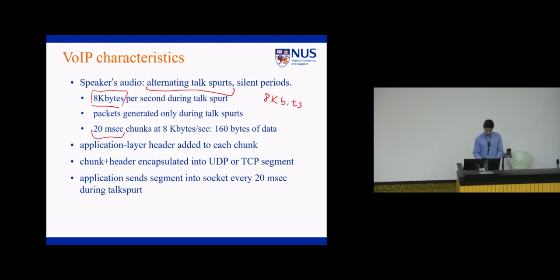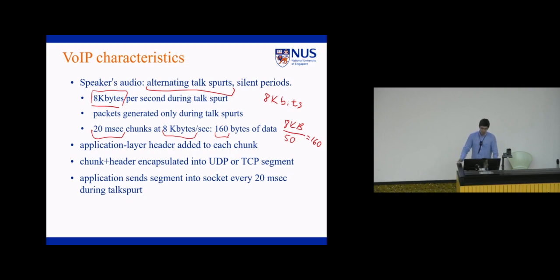That gives us, so this is 1/50th of a second, and 1/50th of 8 kilobytes is what? That is 160 bytes, right? So that is 8 kilobytes over 50, because 20 milliseconds is 1/50th of a second. That gives me 160 bytes of data. I mean, this is how it is calculated, probably.